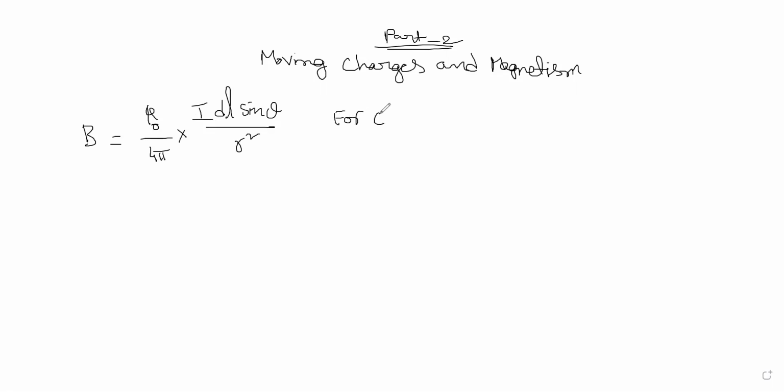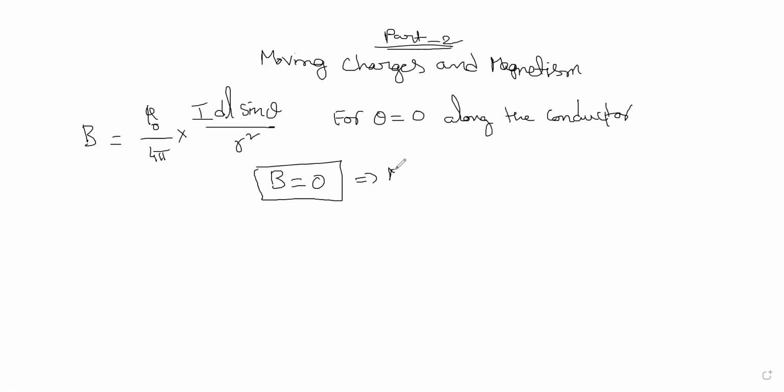For theta equal to 0, that's along the conductor, you get the value of B as 0, which means the magnetic field on the conductor is 0. So that's the first inference you can have. You can make a note of this one.